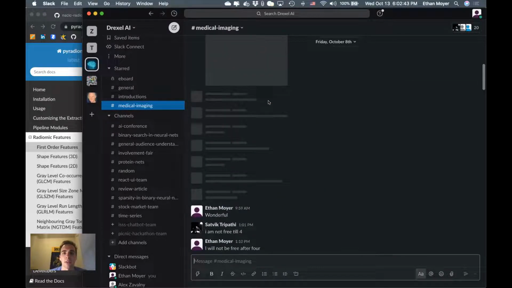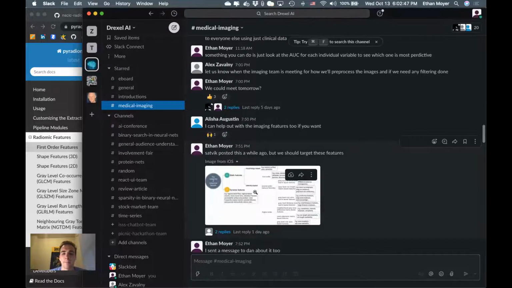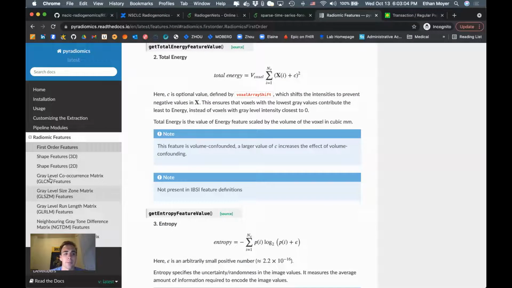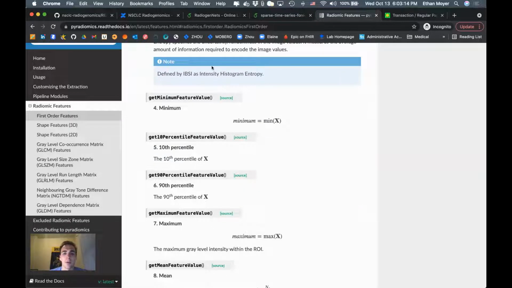It's the figure from that one paper. It breaks down the static and dynamic features, and these are first order right here, and then you get into the 3D, 2D features, and then higher order features. There are also other algorithms like gray level co-occurrence, gray level size zone, and run length, that you can go into if you want to learn more about those.